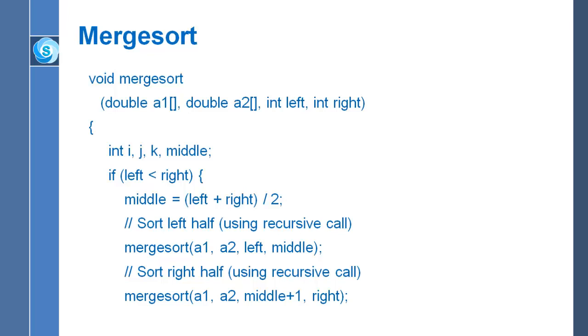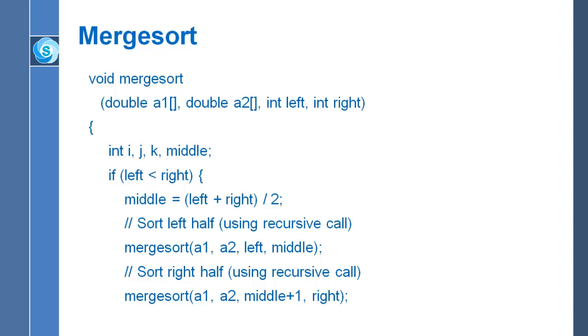Okay, the statement if left is less than right, followed by curly brackets, and you'll see the matching curly bracket on the next slide. But anyway, there's a whole lot of code in between those 2 curly brackets, and that code is only going to be executed if the left index is less than the right index.